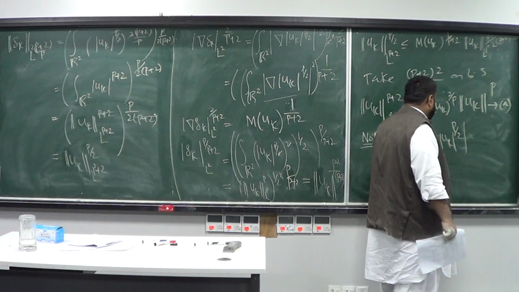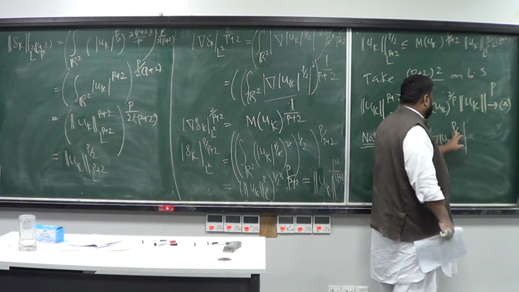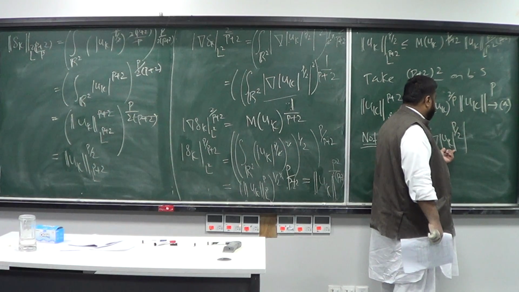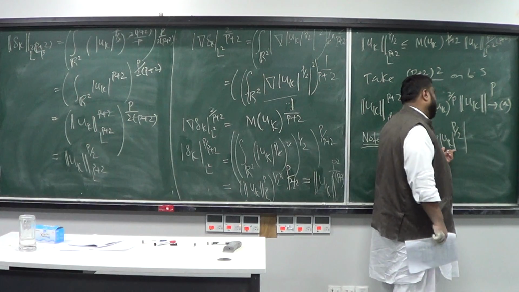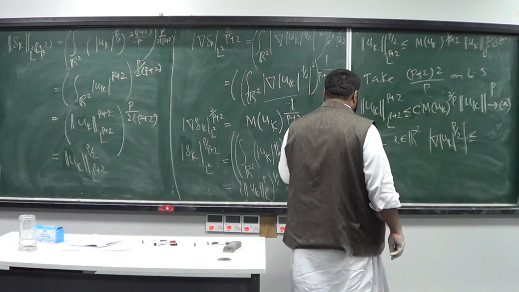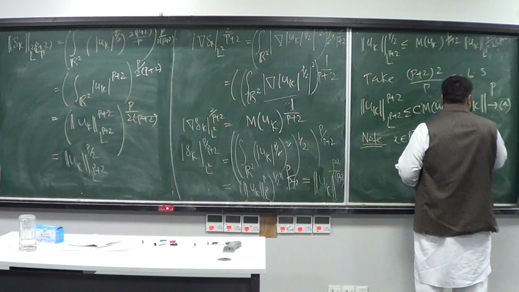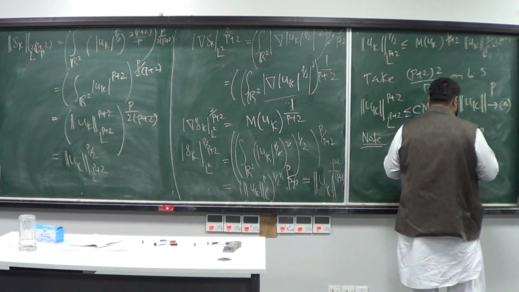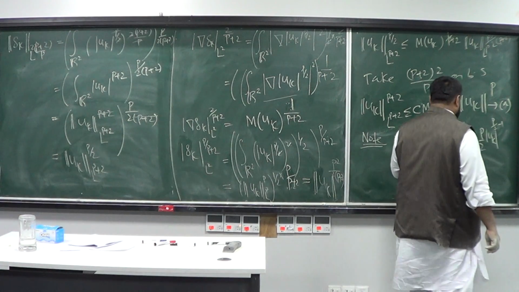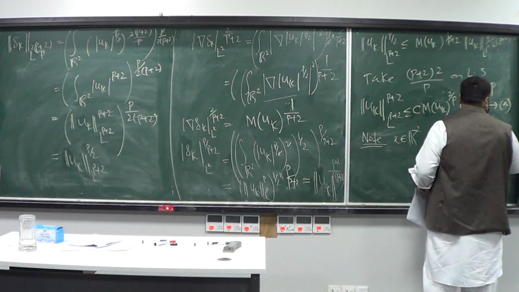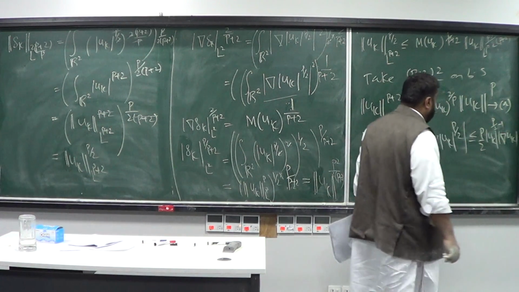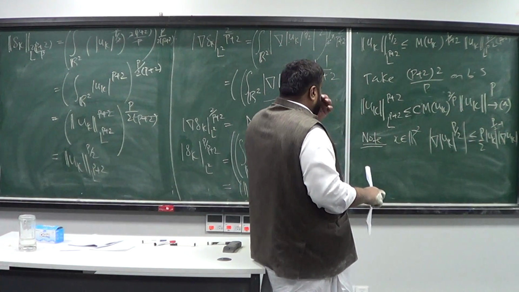It's going to be p over 2 times u_k raised to p over 2 minus 1 times the gradient of u_k times the sign. In other words, you can estimate it by p over 2 times u_k raised to p over 2 minus 1 times the gradient of u_k. So this is the inequality.